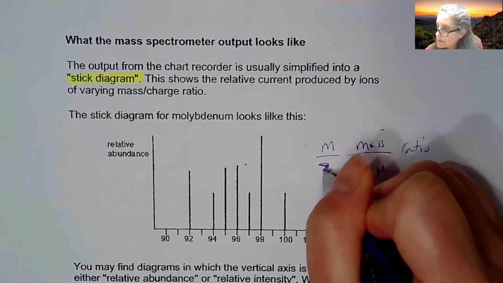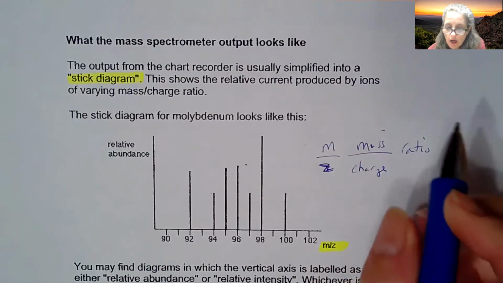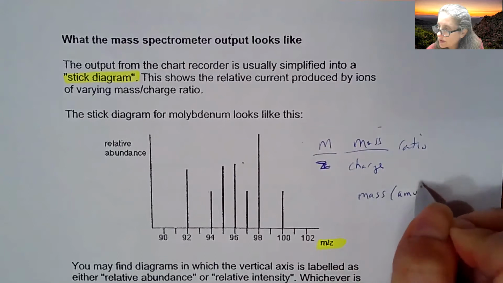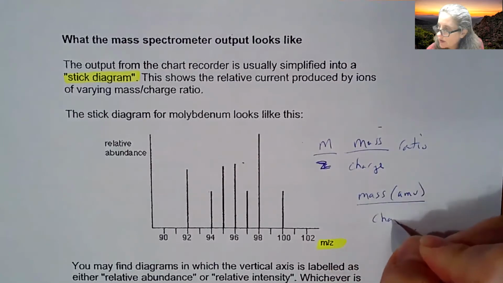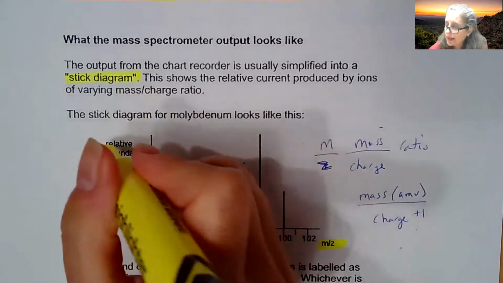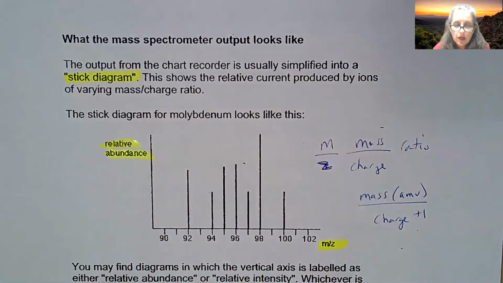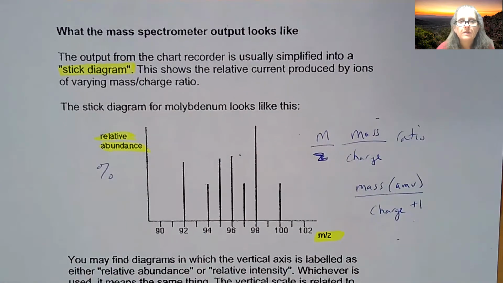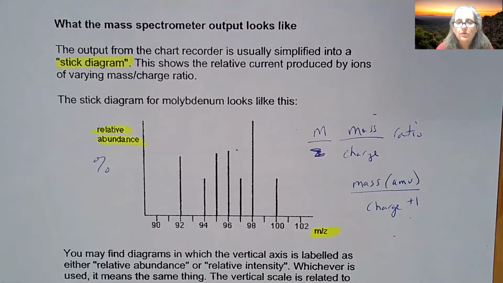So again, it is mass over charge. And the mass that we're talking about for our discussion is in AMUs, and the charge we're talking about is +1. On your y-axis is your relative abundance. So you could say this is the percent of each one of the substances relative to each other.